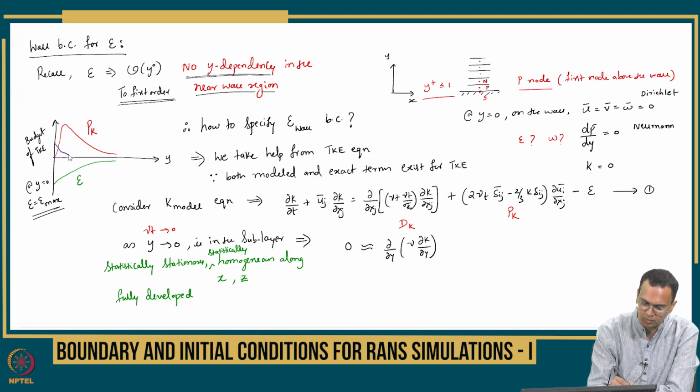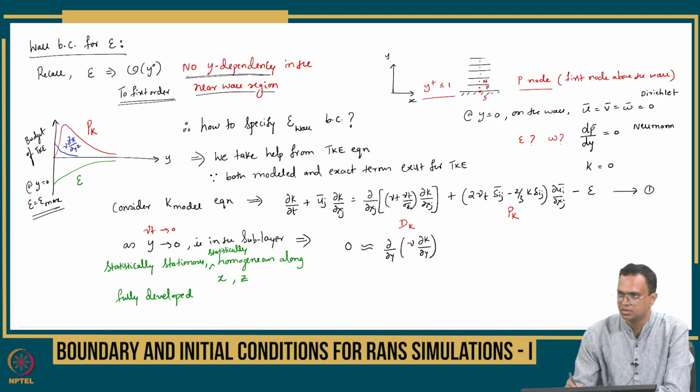Viscous diffusion rate will go like this. This is your viscous diffusion rate, which is nu, or this term nu ∂²k/∂y², the viscous diffusion rate, that will be large. So this term survives and the dissipation rate survives.